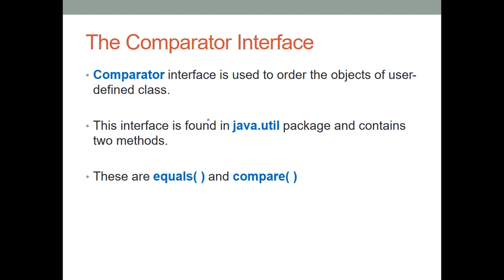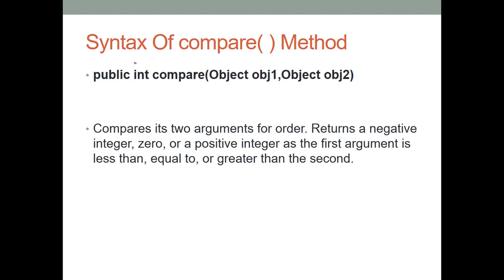The Comparator interface is used to order the objects of user defined classes. This interface is found in the java.util package and contains two methods, equals and compare. Now the syntax of the compare method: public int compare(Object obj1, Object obj2).